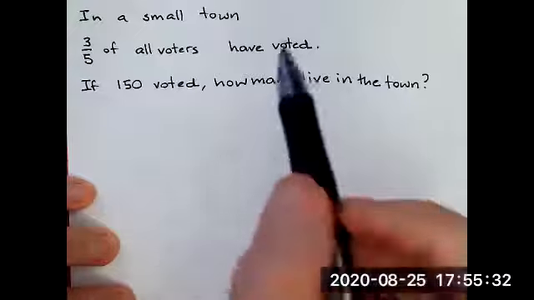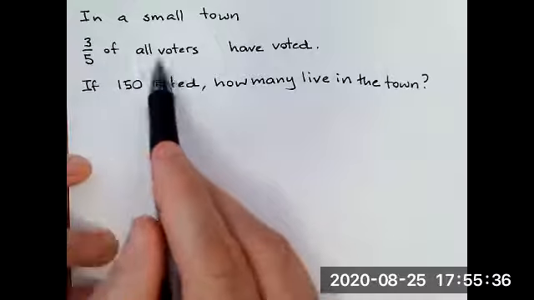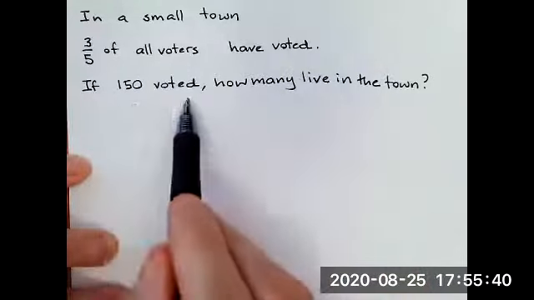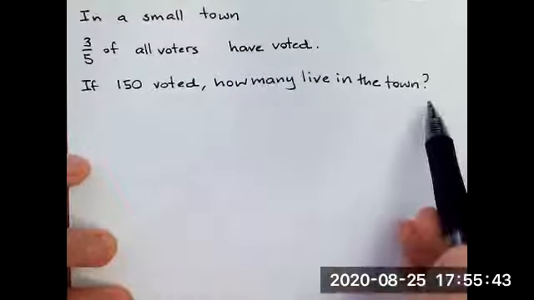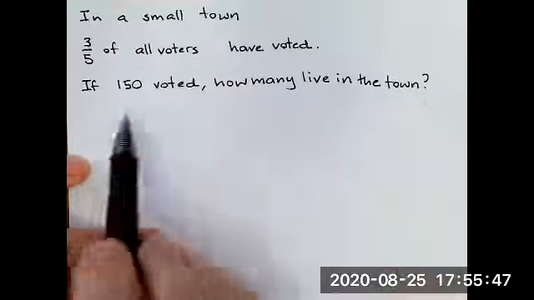Let's try another one. In a small town, 3/5 of all voters have voted. If 150 voted, how many live in the town? This would be a good time to hit pause and try this problem on your own.